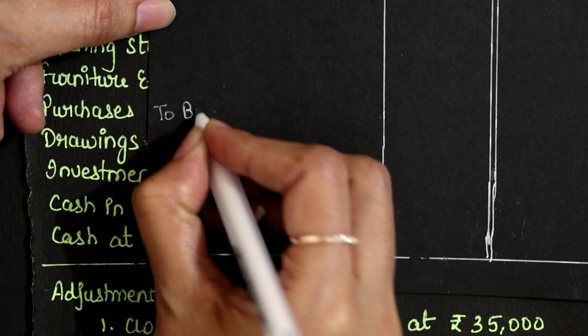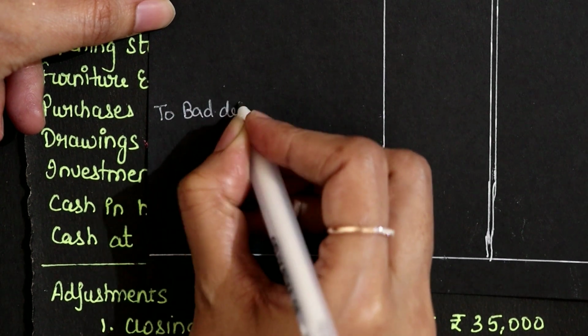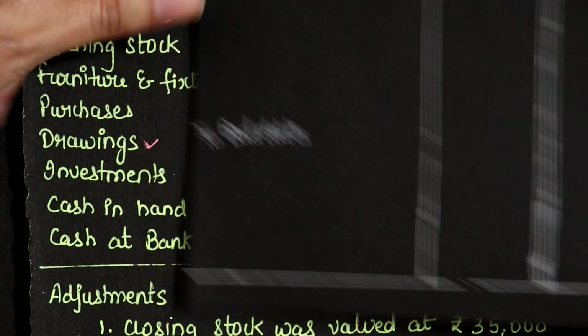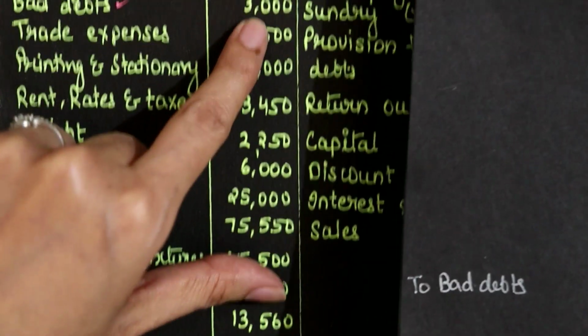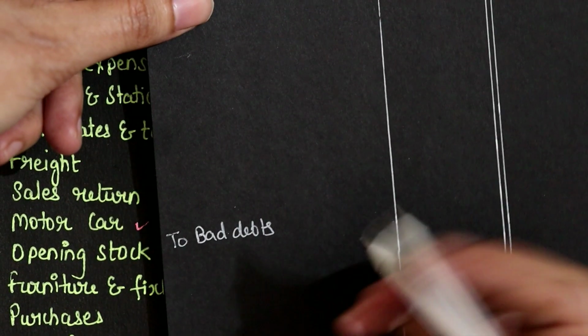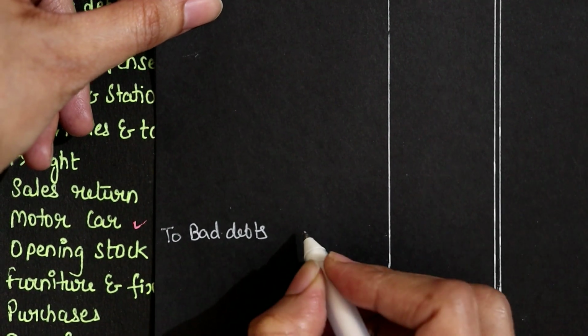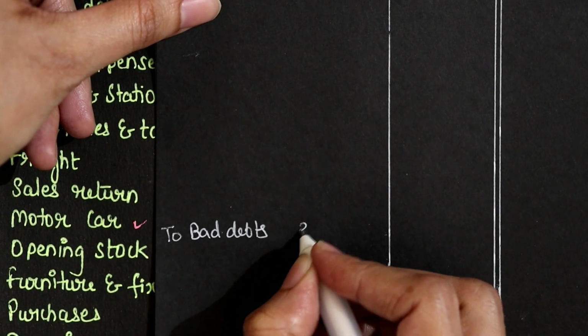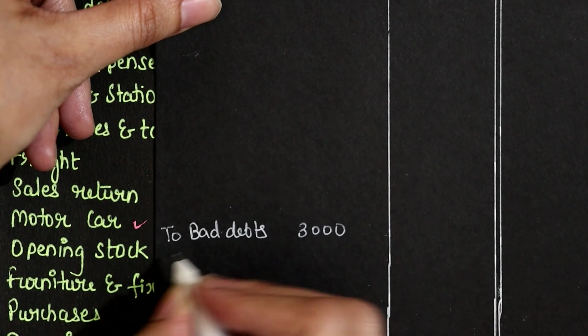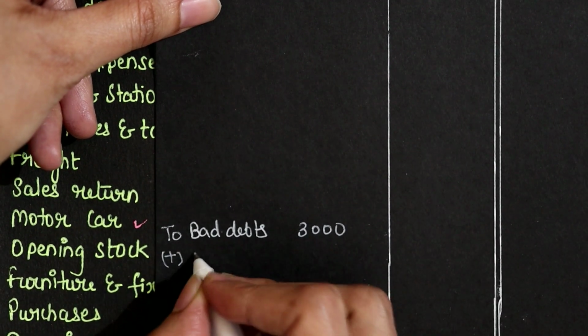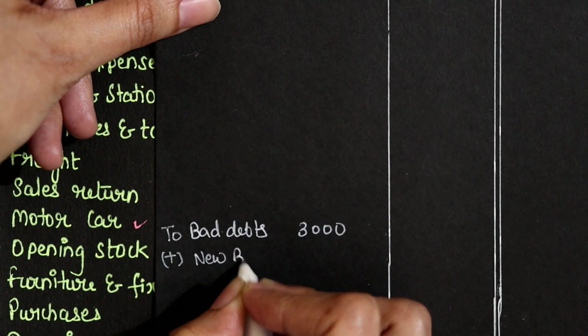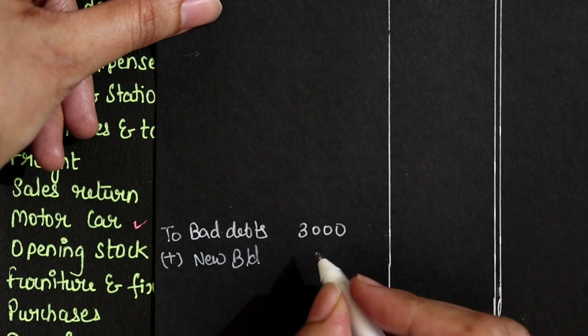Bad debts given in trial balance is 3000. So I'll write this in the inner column. I have to add further bad debts, new bad debts 1000.